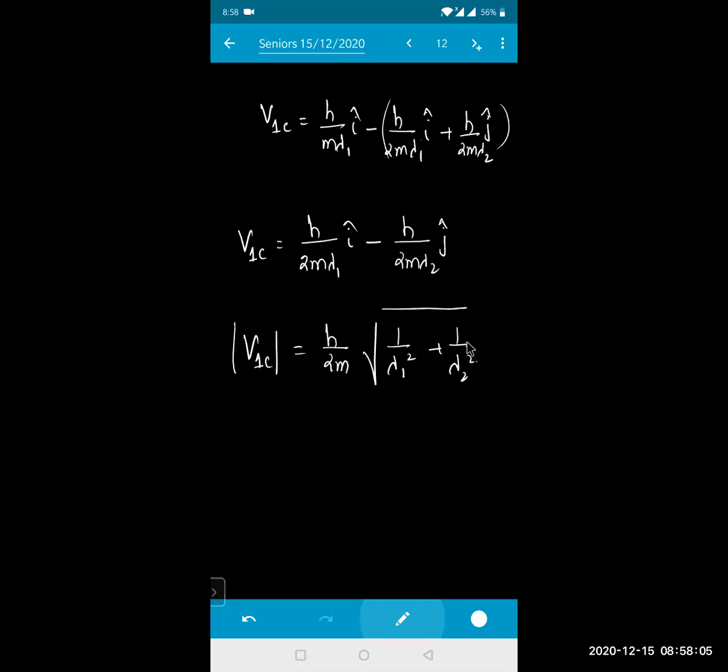Okay, so suppose they ask for the de Broglie wavelength of the first electron in the center of mass frame. So we got this as the velocity of particle 1 in the center of mass frame.